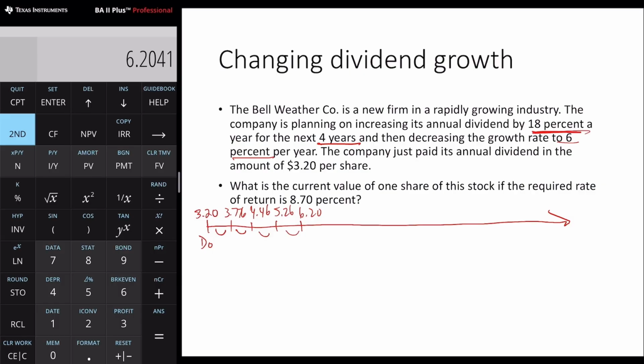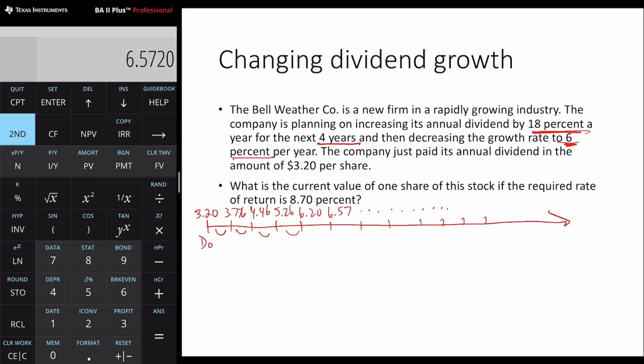Now, after that, the growth rate decreases to 6% per year forever. So we have 1, 2, 3, and as far as we want to go. Now 6.2 times 1.06 at the new dividend growth rate, that next dividend is 6.57. And we can calculate, using the 6% growth rate, any dividend that we want to, but we don't necessarily need to.